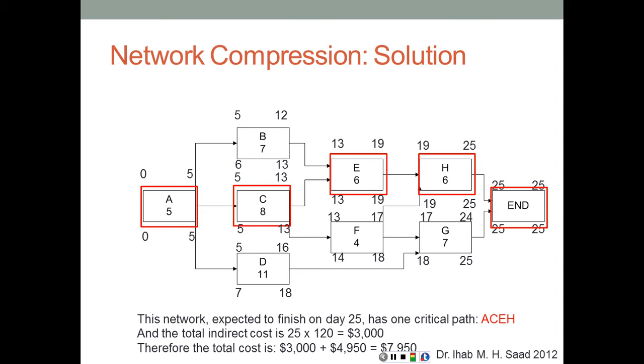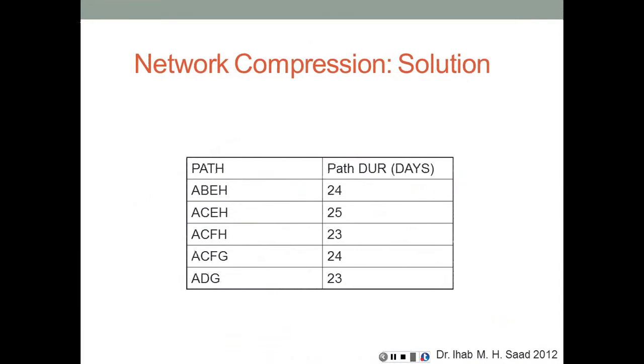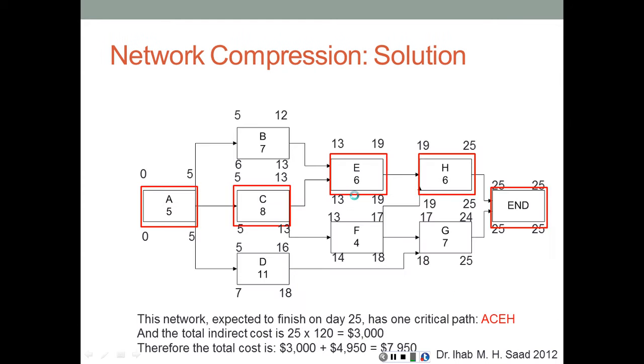So the next step is to draw the table to show the delta T, the delta C, the cost slope for the different activities. And here's the duration for each path, A, B, E, H. Now the duration for each path is assuming that the other paths do not exist. So if, for example, activity C did not exist, then the start date for activity E would have been 12, the start date for activity H would have been 18, and the completion date would have been 24.